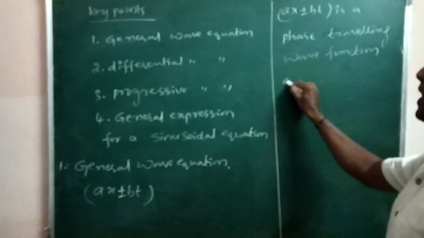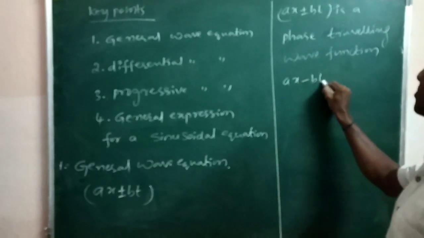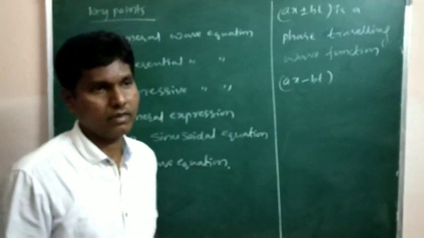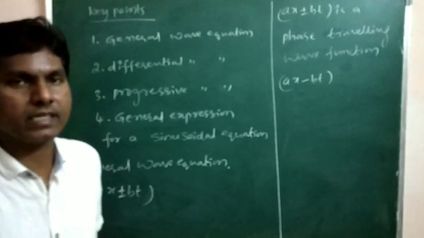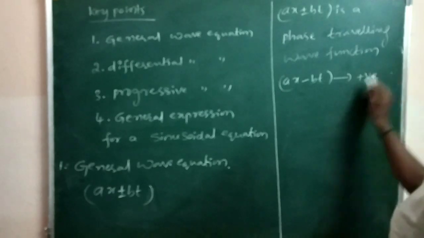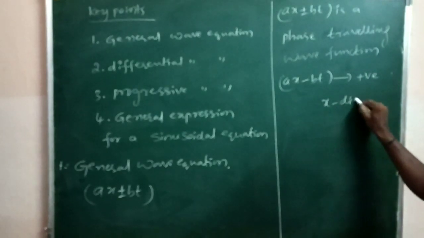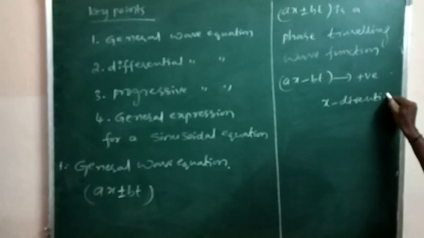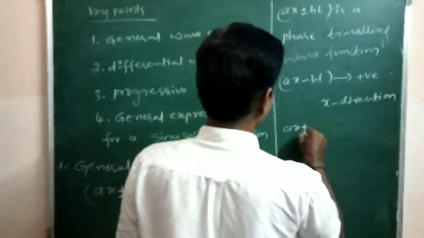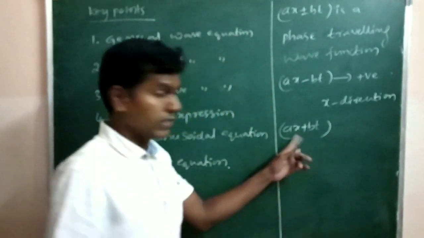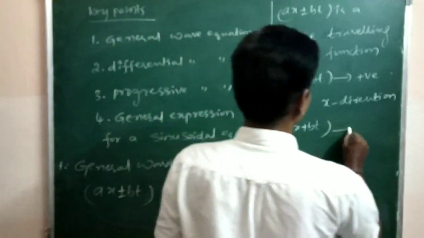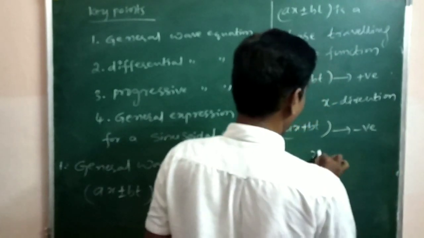If ax minus bt, it represents a wave moving in the positive x direction. If ax plus bt, it represents a wave moving in the negative x direction.